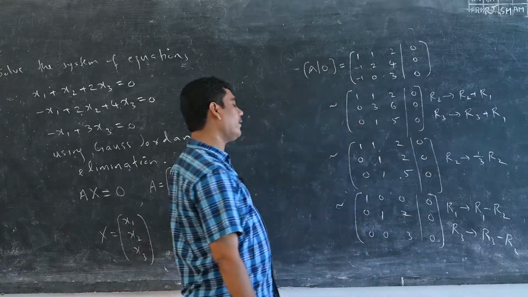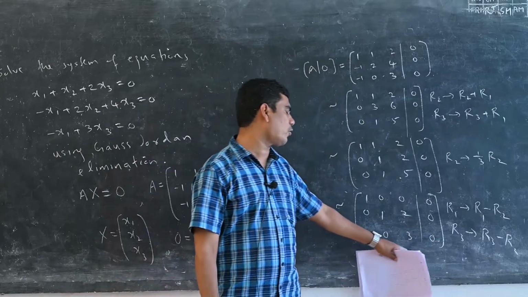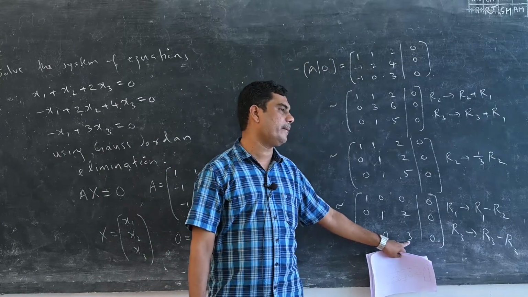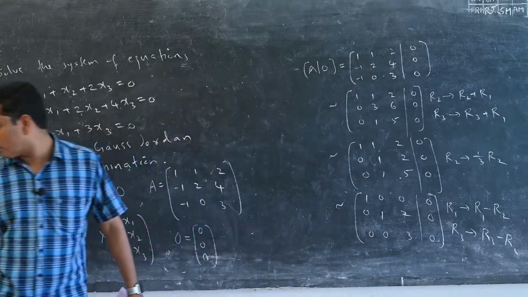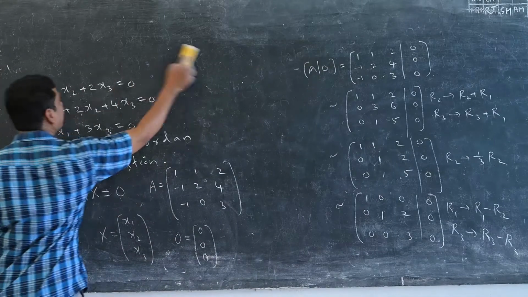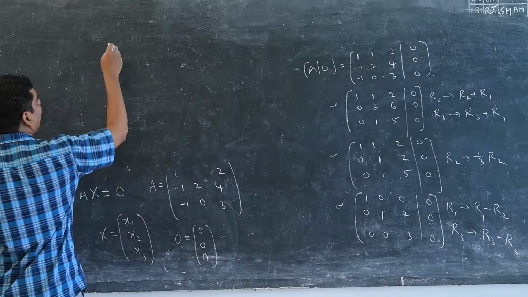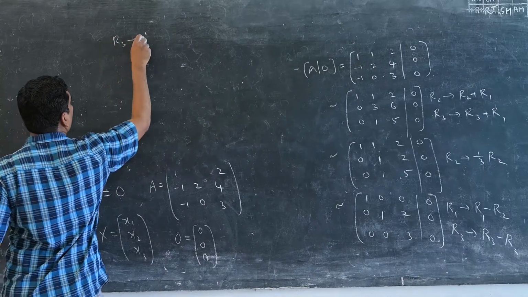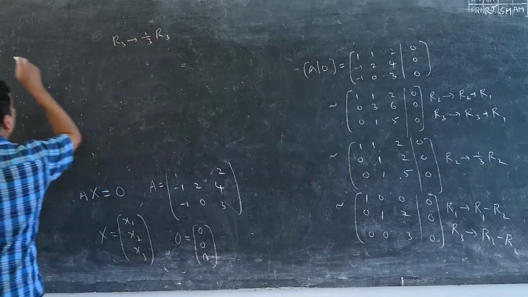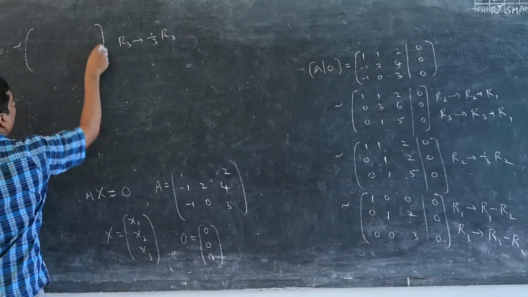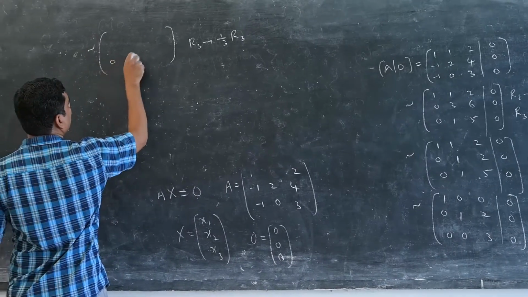Now we come to the third row. Take the first non-zero element. Here the element is 3. Make it 1. So we have to do the row operation. R3 goes into 1 by 3 R3.